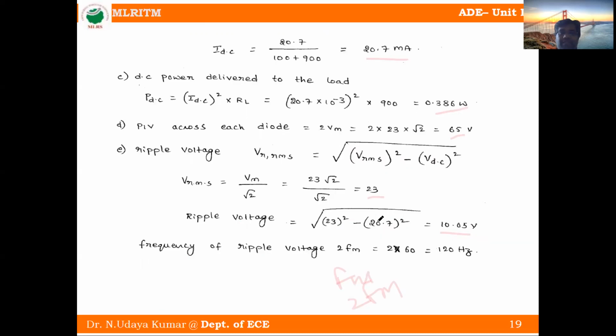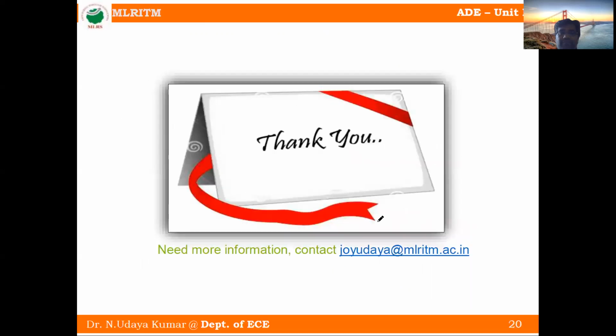Okay, let us briefly recapitulate what we discussed in this class. In this class, I talked about the full wave center tapped rectifier. The purpose of a rectifier is that it converts the AC signal into pulsating DC. We are using a center tap transformer, and here also two diodes are used. For the positive half, one diode conducts, and for the negative half, the other diode conducts.